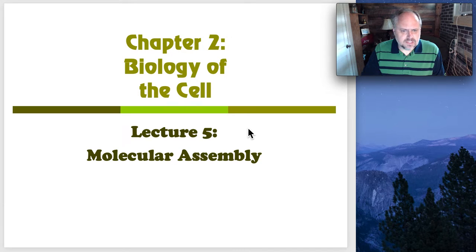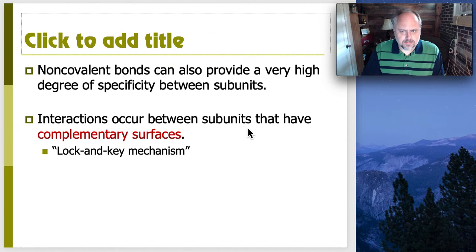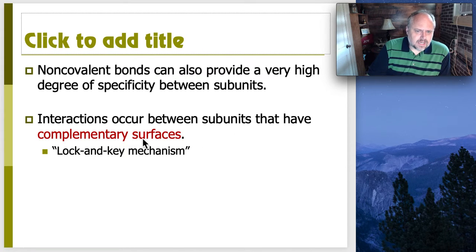What I want to get into in this section is another concept that you have probably been exposed to before, and that is this idea of complementarity, or what we call complementary surfaces. Another property that non-covalent bonds give us inside the cell as these molecules begin to interact with each other is a very large degree of specificity.